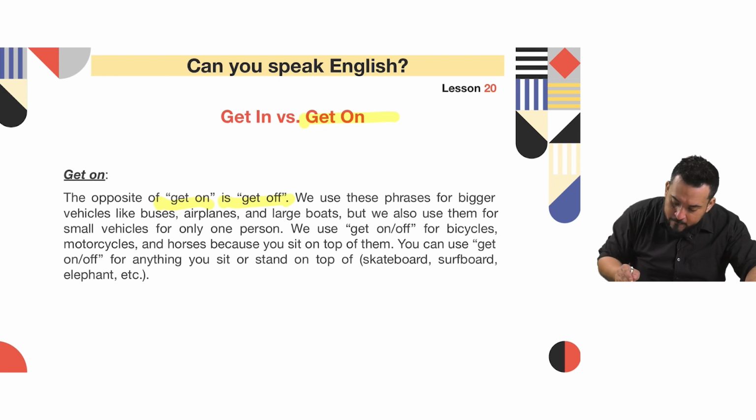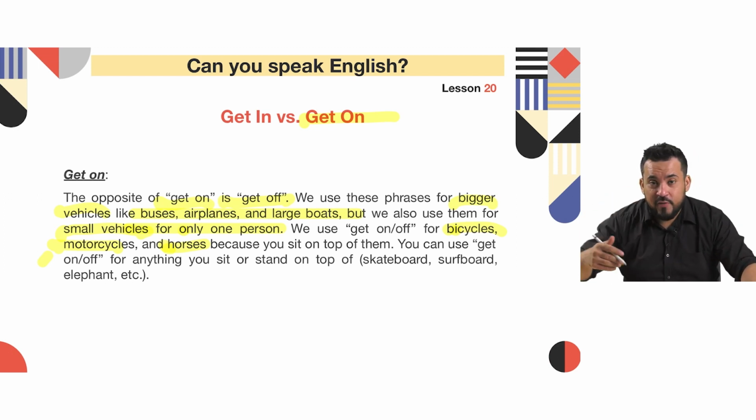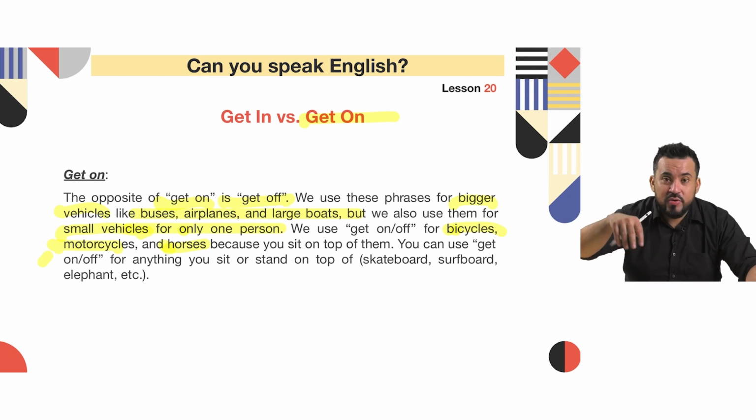We use it for bigger vehicles like buses, airplanes, large boats. But we can use them for small vehicles only for one person, such as a bicycle, a motorcycle, or a horse. Okay? A horse is not a vehicle, but you know, you get on the horse, you get off the horse. Same way. It's a one-person thing.